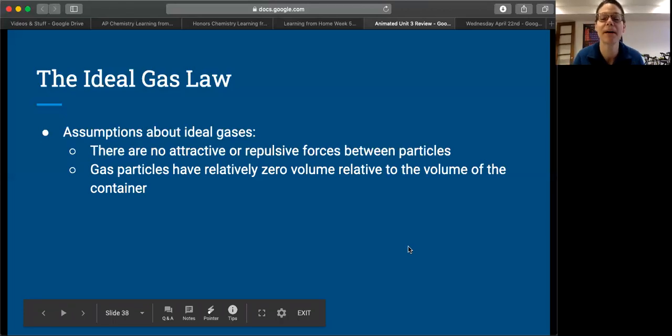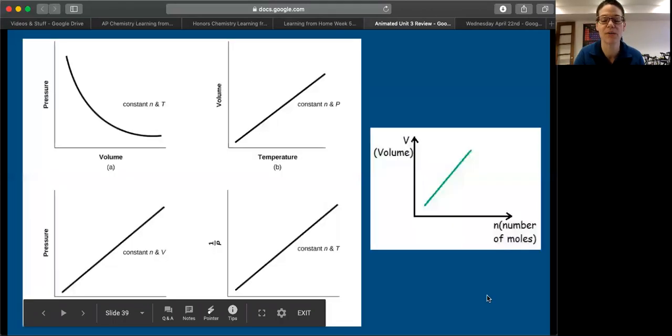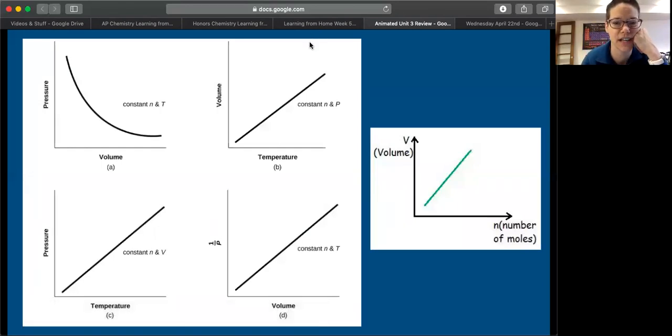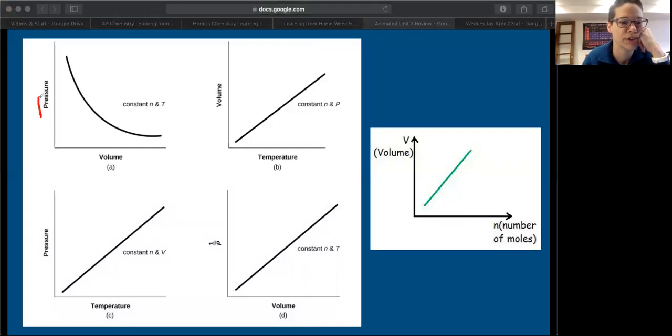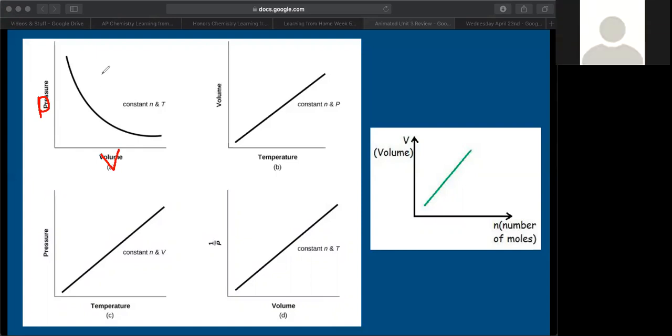Okay, but this is our behavior of gases. Looking at each of these, we've got pressure and volume. Does this represent a direct or an inverse relationship? Inverse.